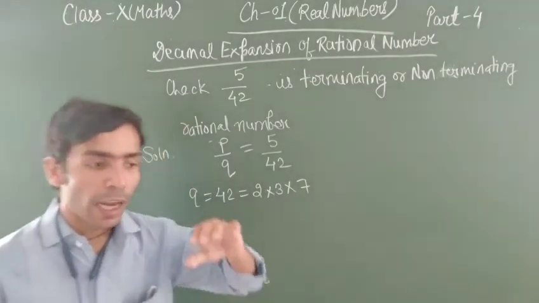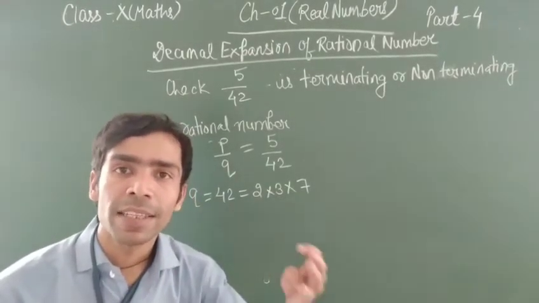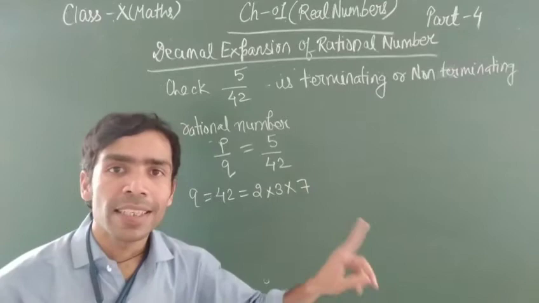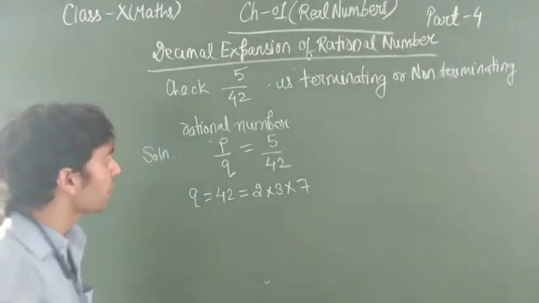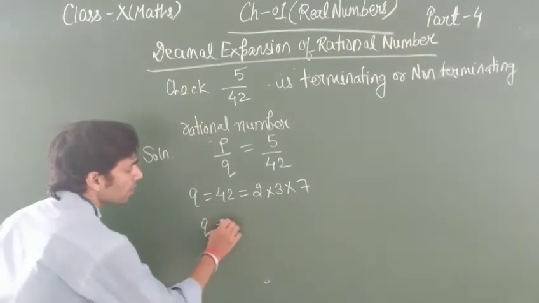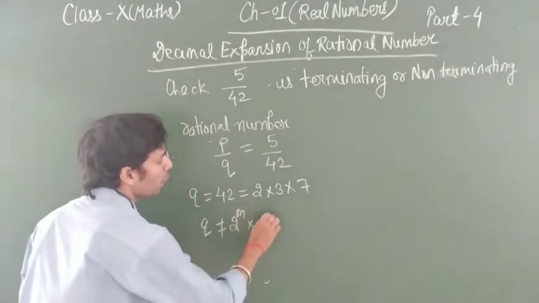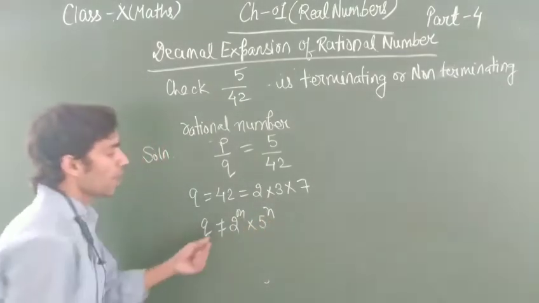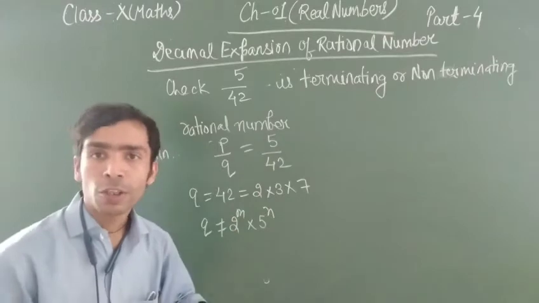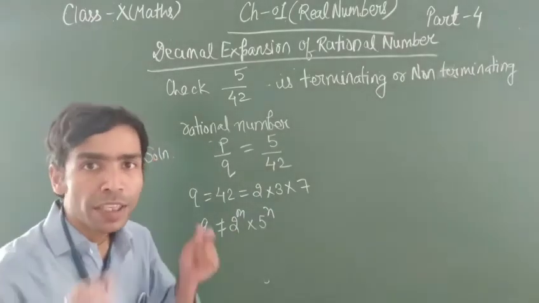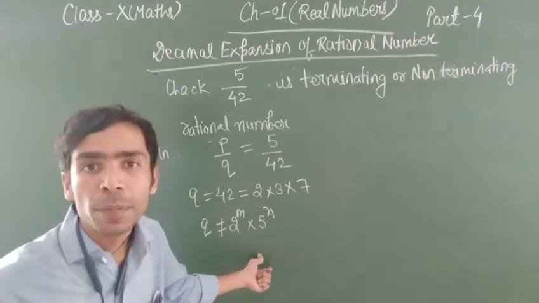But along with 2 and 5, if any other number comes, like 3, 7, 9, 11, in that case that number will not be terminating, it will be non-terminating. So we can say q is not of the form 2 to the power m into 5 to the power n, because along with 2 another number comes. Along with 2, 5 can come, but no other number can come. So it means this number will not be terminating, this number will be non-terminating.